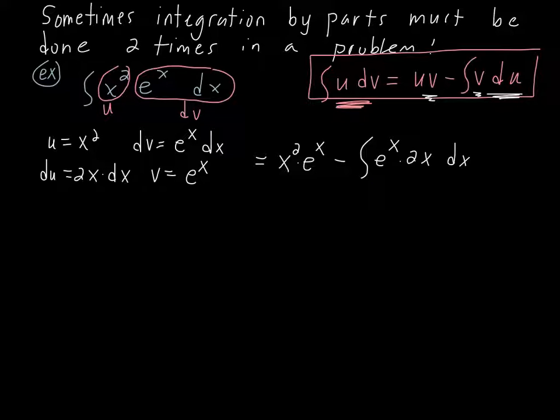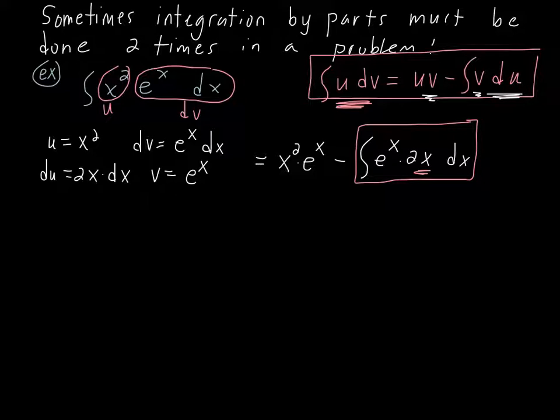If we look at what's left for our integral, notice we don't know what this is because there's an additional x in there. So we're going to need to do our integration by parts again. We don't know what this is equal to, so we need to do it all over again. It's the same idea, but now you're going to have a different u and a different dv. All these parts are going to be a little different.